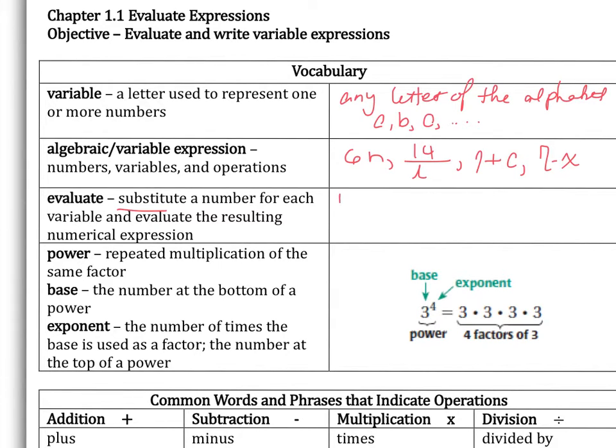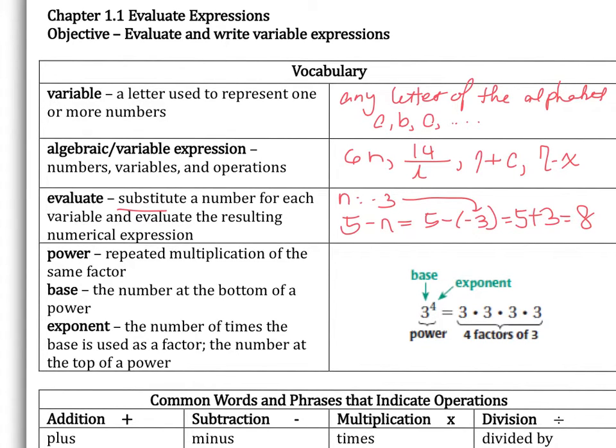So for example, if n equals -3 and I want to evaluate this algebraic expression, then it would be 5 minus, substituting in the -3 for n, and 5 plus 3 gives you 8.